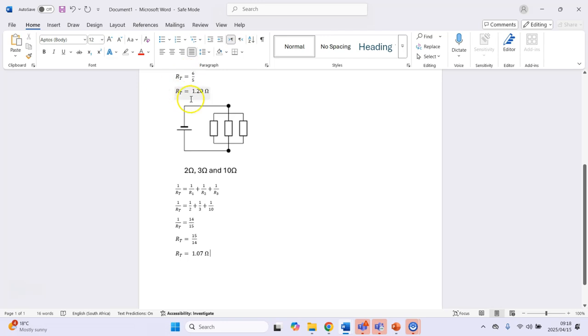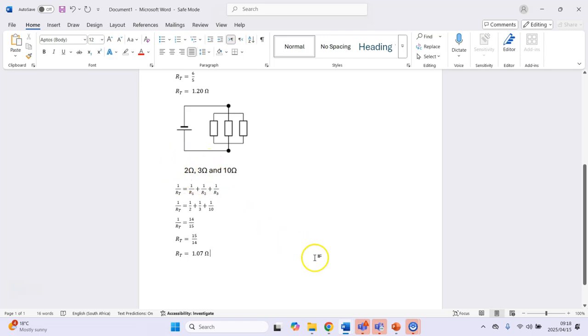When we had two resistors of 2 and 3 ohms in parallel, our total resistance was 1.2 ohms. But now that we've added a third resistor in parallel, we can see that our total resistance has gone down to 1.07 ohms. Again, note that the total resistance is always going to have a smaller value than the value of the smallest resistor.